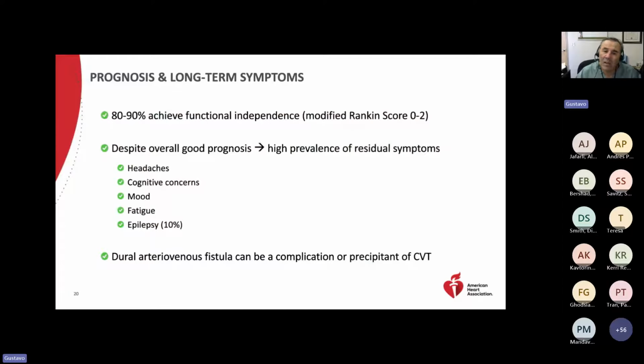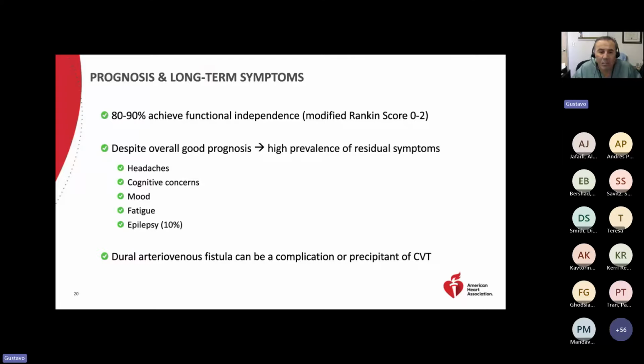So what's the prognosis? The great majority of patients do well. Eighty to 90% of patients, I would say over 80%, achieve functional independence and have no major issues. But more recently, chronic headaches and cognitive concerns have been described, especially for those who have involvement of the deep venous system or intraventricular hemorrhage as a consequence of intracranial hypertension, increased venous pressure.